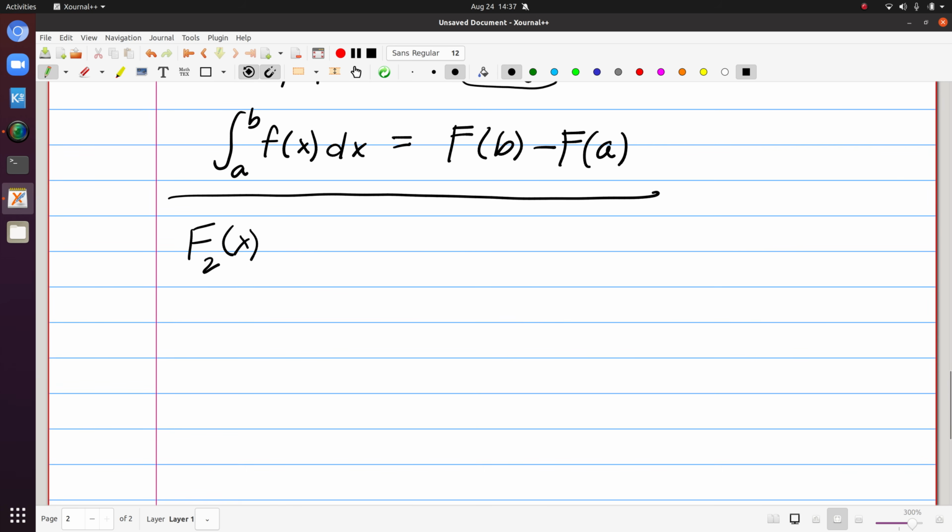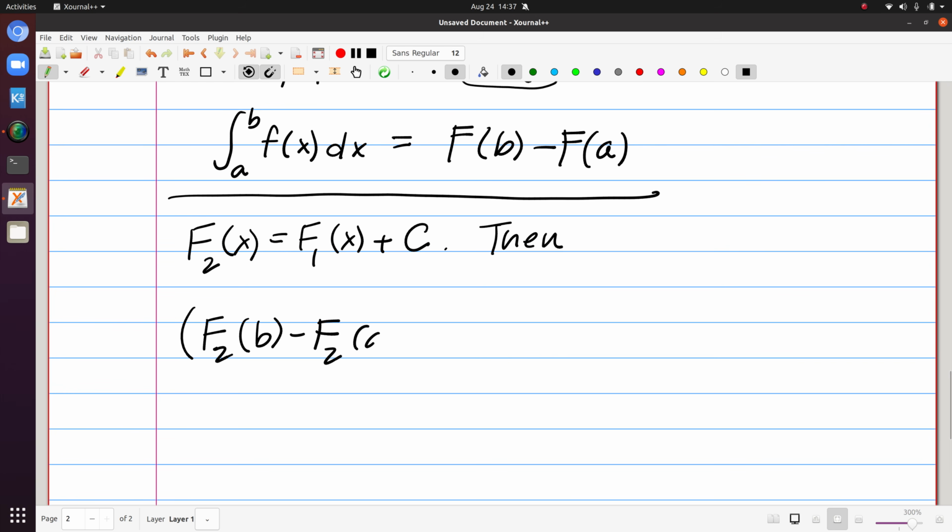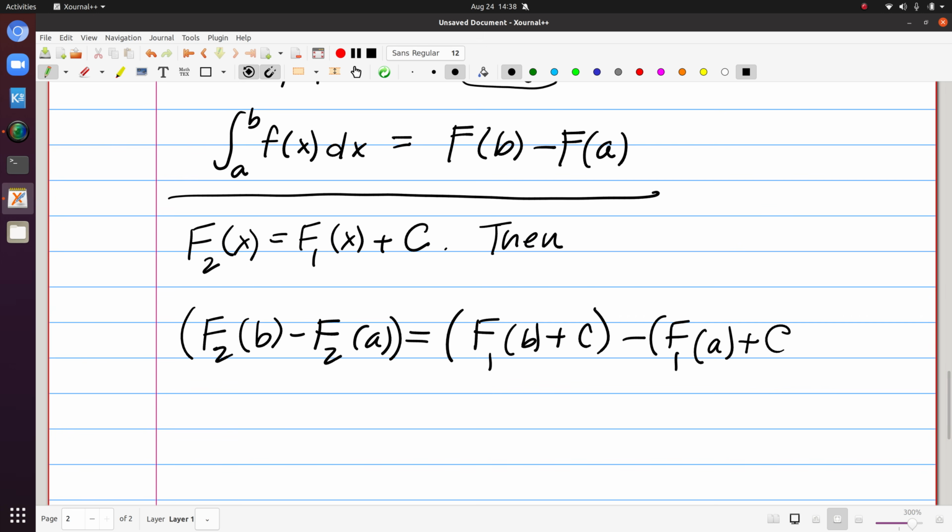If F sub 2 of x is F sub 1 of x plus a constant, the reason it doesn't matter which antiderivative I use is because notice that if you were to take F sub 2 of b minus F sub 2 of a, that's equivalent to F sub 1 of b plus c minus F sub 1 of a plus c.